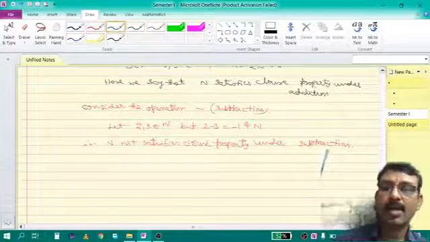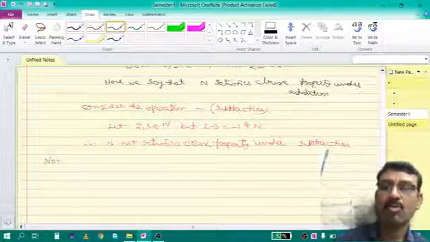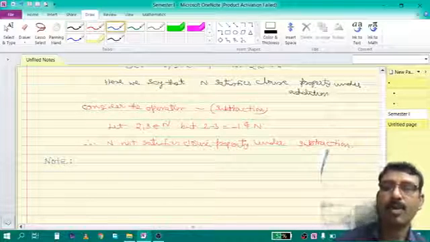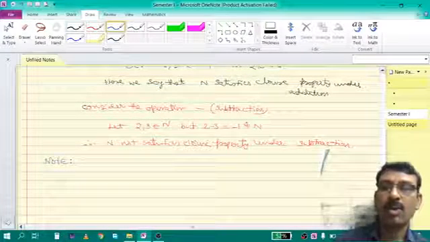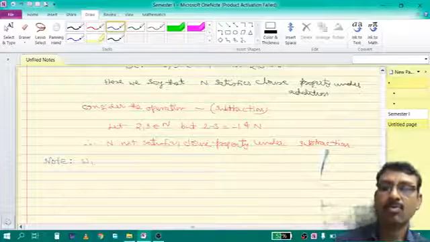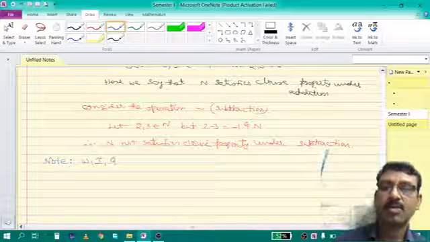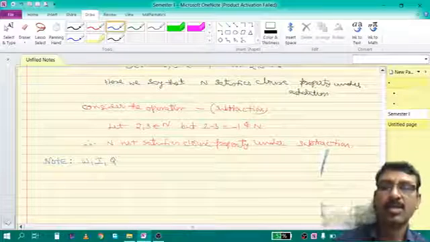We can write directly, note the whole numbers, integers and rational numbers.